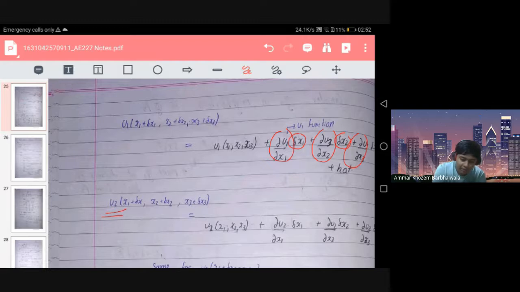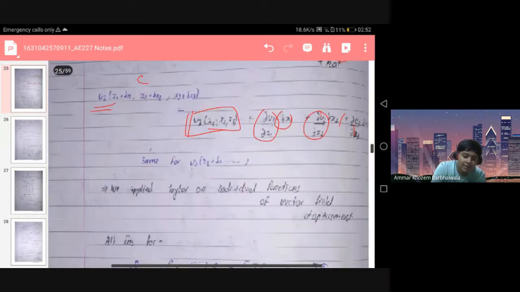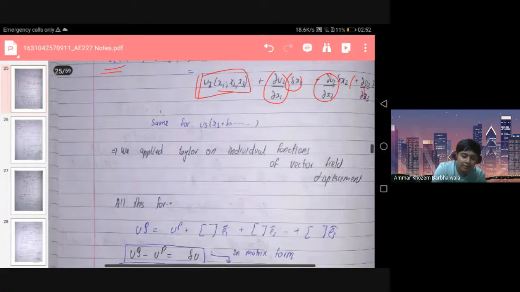u2 too. Like u2 at this point q is equal to u2 at p plus del u2 upon del x1. I can take the partial derivative with respect to x1 and multiply it with delta x1. I can also take the partial derivative with respect to x2, so del u2 upon del x2, and so on. And in a similar way I can write that for u3 too.